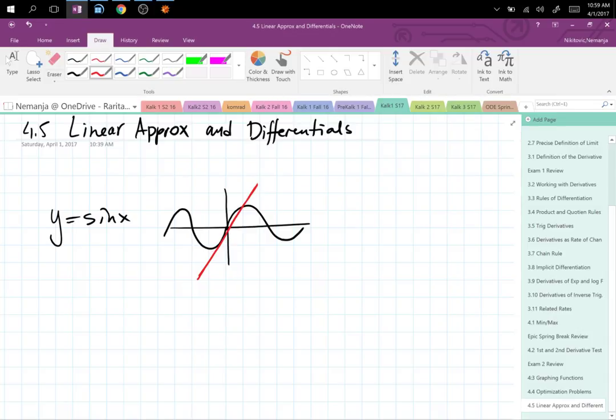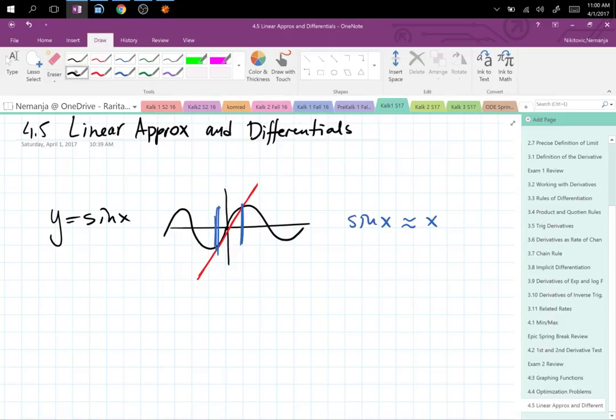And you see that in this region here, for small angles, sine x is approximately the same as x. The values match. So in applications in physics and engineering and so on, you can replace sine x with x and have a much easier calculation.